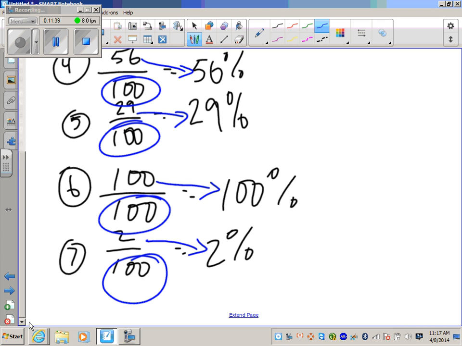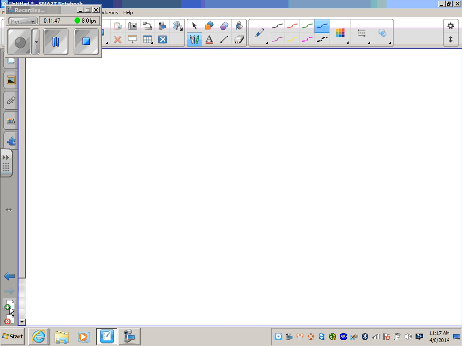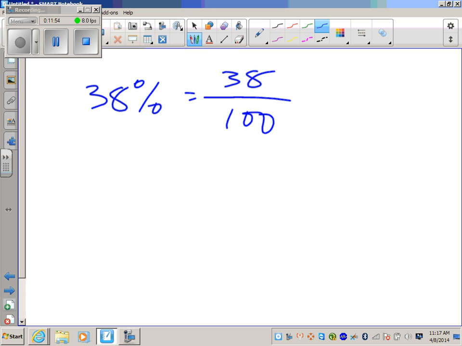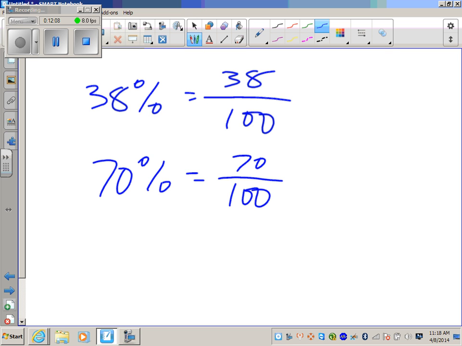So number 9 asks, how would we put 38% into a ratio? 38 over 100. How about 70%? 70 over 100. Yes.